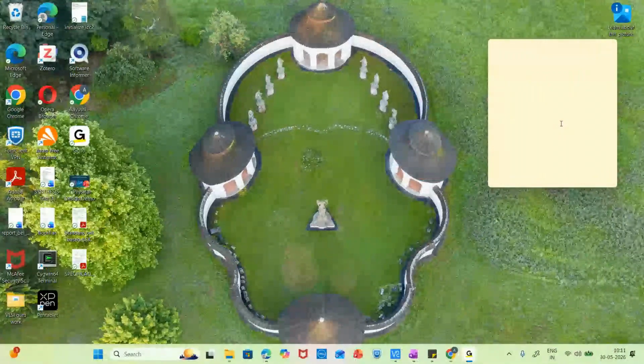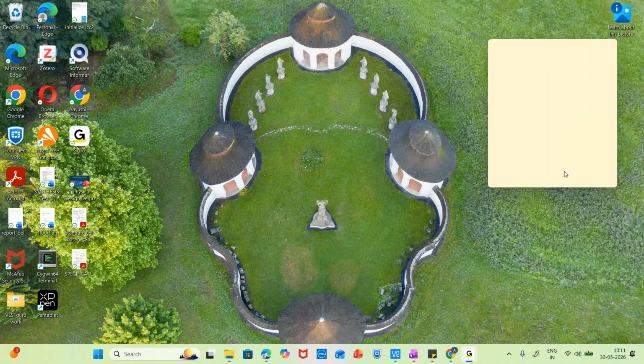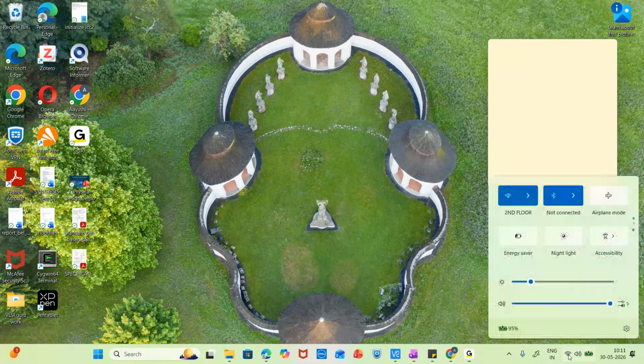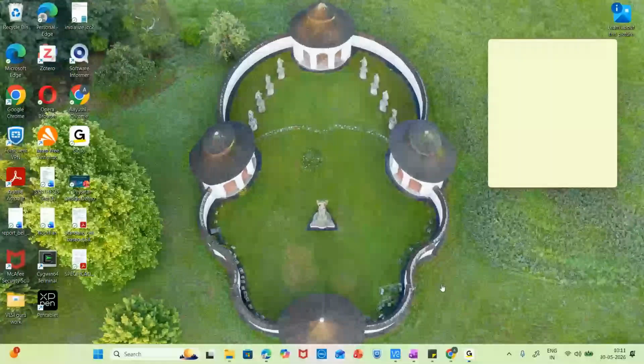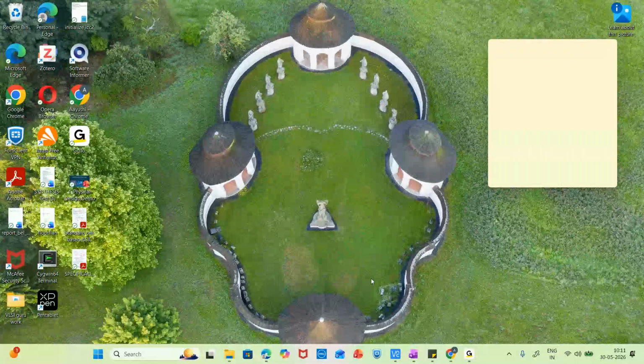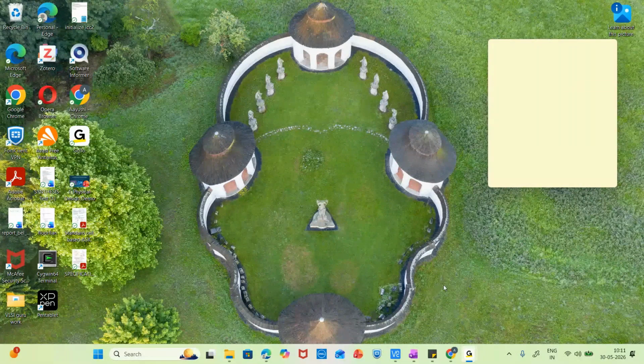Screen is not visible. Is it happening for everyone? No, the screen is visible for me. Okay, Snehita, I will just reshare it. Is it visible now to everyone? Yes. Okay, please unmute.